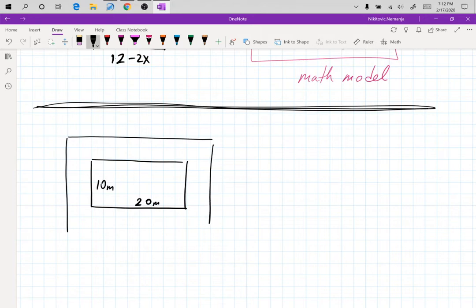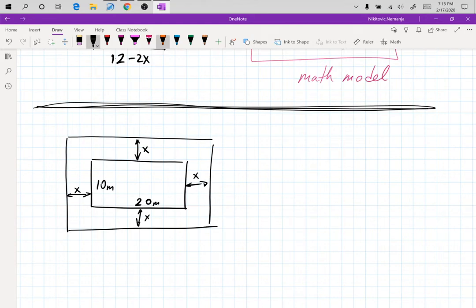And the path around, so that's the concrete. And they say, express the area if all of these are equally distant. Right, so if that's x, that's x, that's x, and that's x.